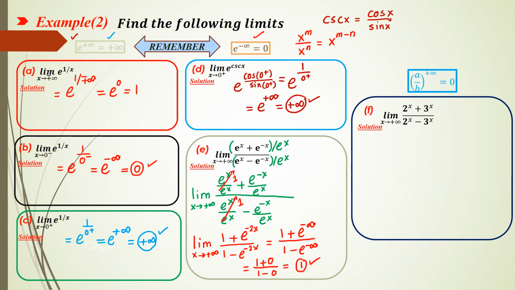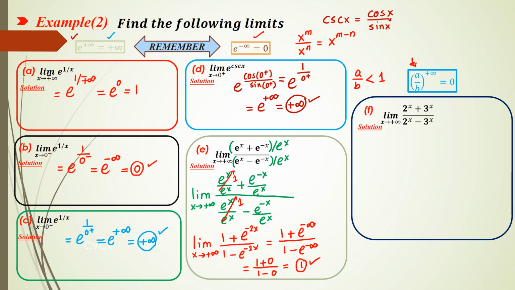In part F we have limit 2 to the x plus 3 to the x over 2 to the x minus 3 to the x when x goes to positive infinity. Here with the same procedure as in part E, you have to divide by 3 to the x or 2 to the x, but here you have to divide by the biggest number, which is 3 to the x, because we have this rule: if we have a fraction to the power infinity, this equals 0, but a divided by b must be less than 1.